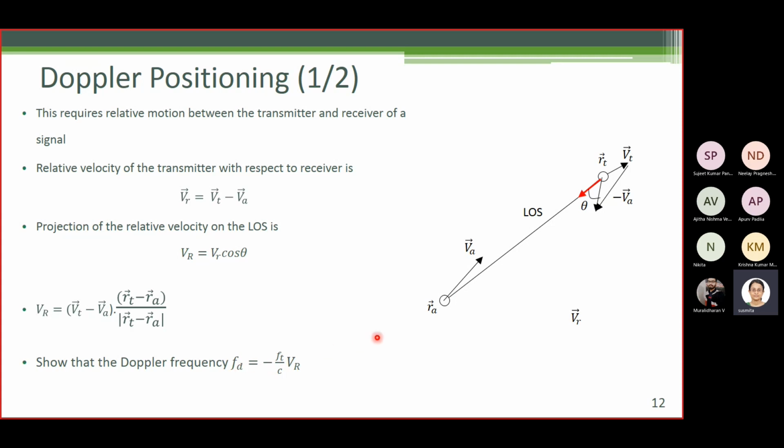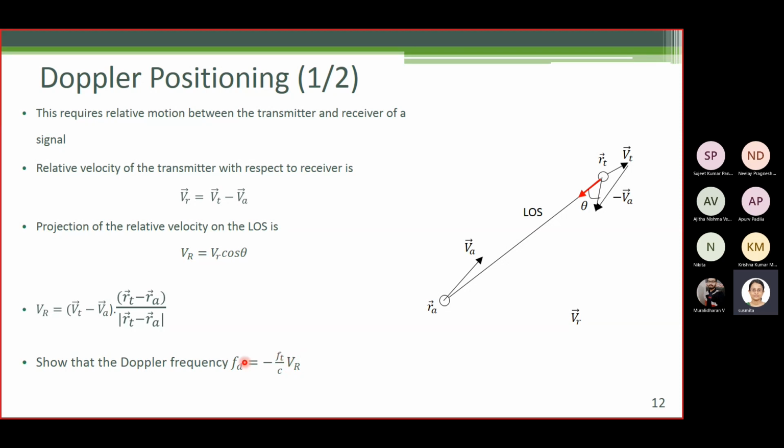So what the receiver at the user does is, it knows the transmitter frequency, then it measures the received frequency, and the difference between the two gives the Doppler frequency. It does this in the processing in the frequency domain, and then it retrieves the Doppler frequency. Since Ft is known and c is also known, this is a known scale factor. By multiplying by c over Ft and taking the negative sign, it gets the projection of the relative velocity on the line of sight, VR.